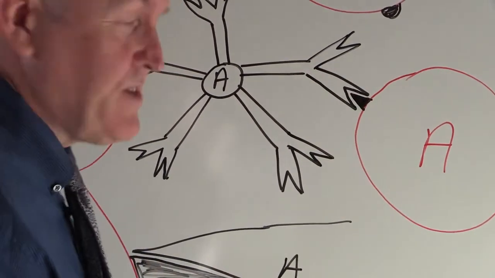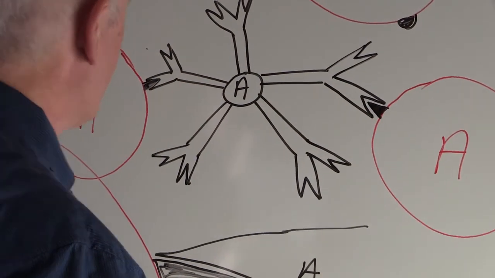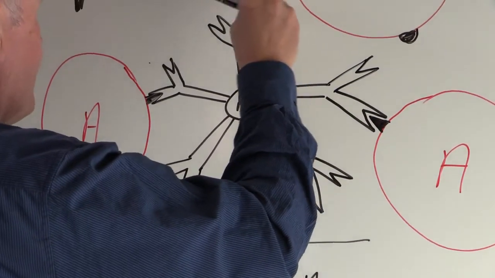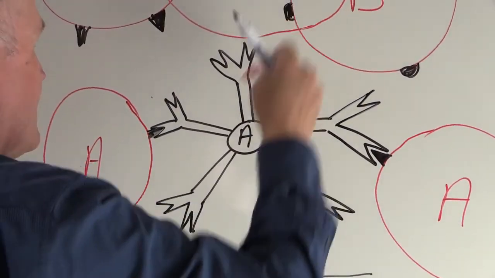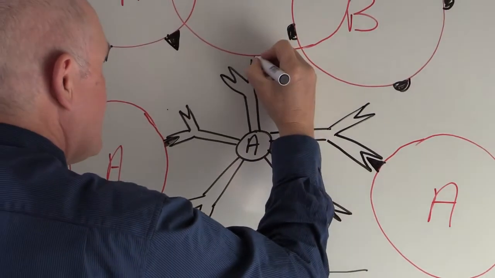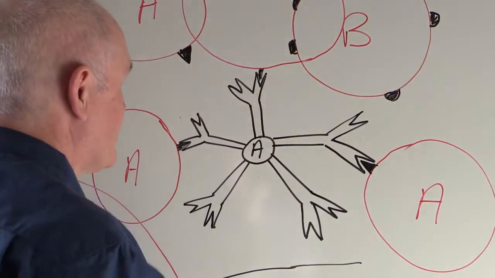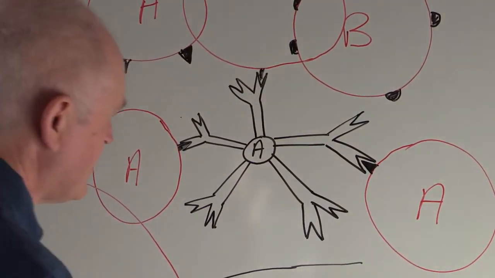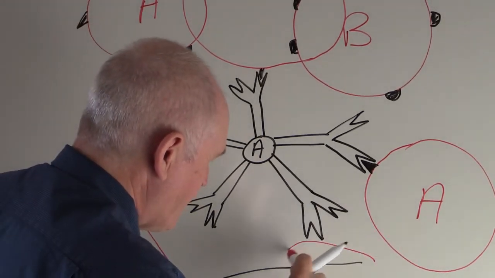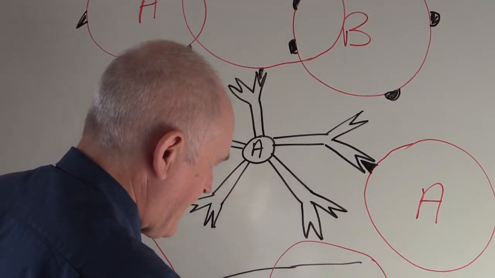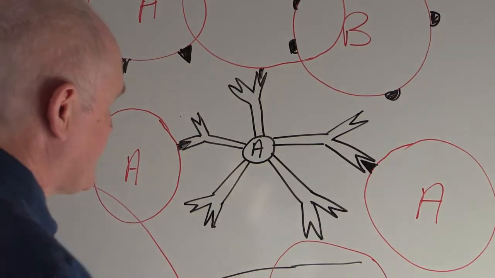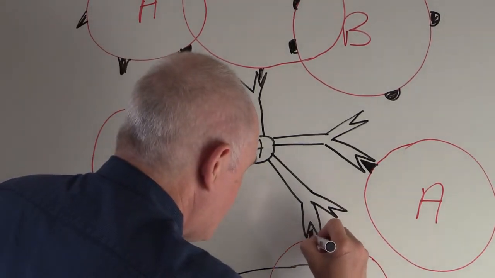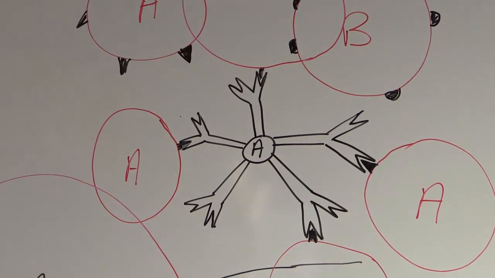That's going to bind with the A antibody, and I think it's quite obvious to see that you're going to get lots and lots of A red cells all clumping together, being held together by this antibody.